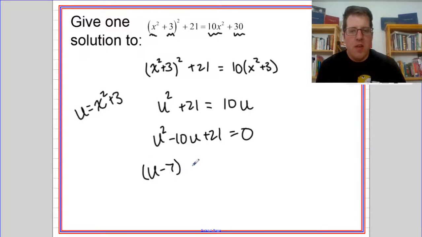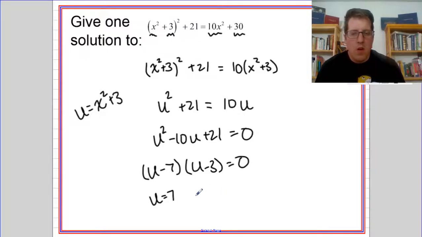And all of a sudden, if I take out that x squared plus 3, and I just stop thinking about that, and I say it's just something minus 7 times something minus 3, that means that that thing has to either be 7 or it has to be 3.